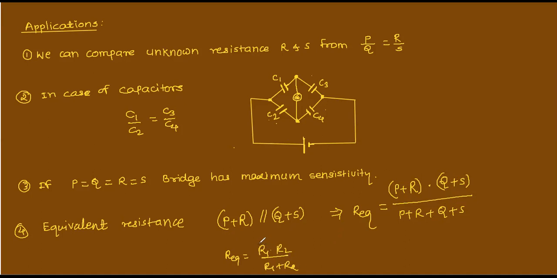Here this is your R1 and this is your R2. Just find this and you will get the total resistance of that bridge. This is possible only when the galvanometer is short circuited or shows zero resistance. Note down.